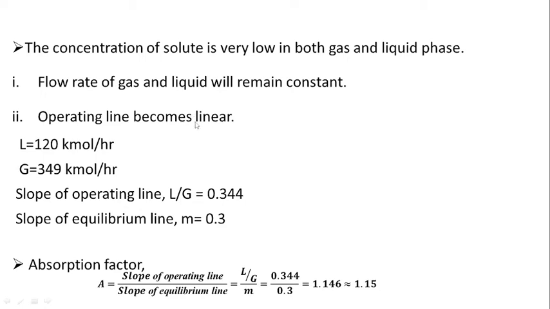So mole fraction will be approximately equal to mole ratio when the solute concentration is very low. So here they have given L as 120, G as 349, and slope of equilibrium line M as 0.3. After solving this, we will get 1.15.